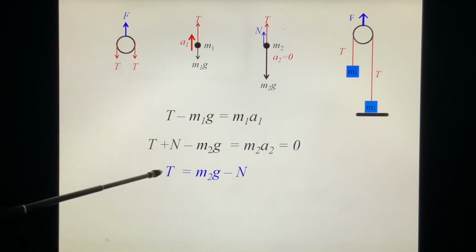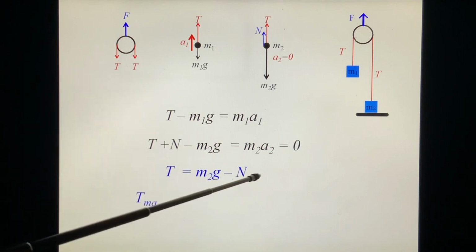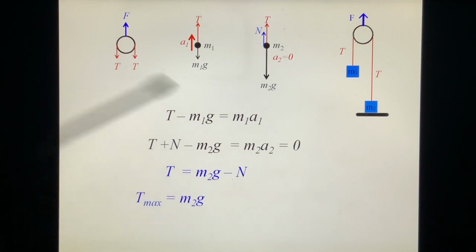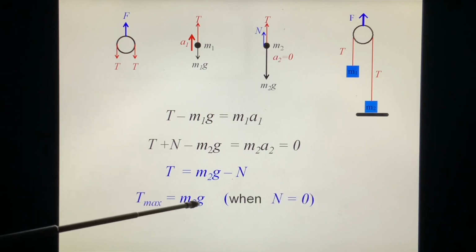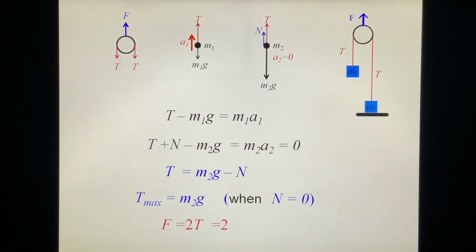So T maximum is when N equals 0. You get m2g. They just separate. So T is maximum, F is maximum. F maximum equals 2m2g. We put numbers inside, we get 39.